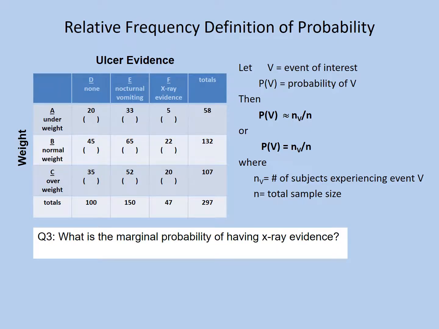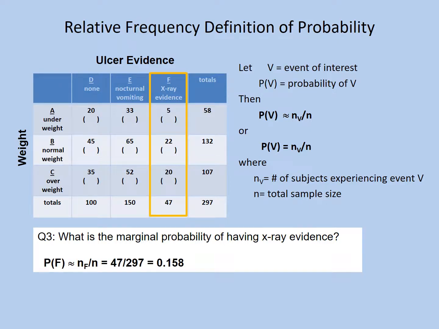As a third question, what is the marginal probability of having X-ray evidence? We are now talking about the event F having X-ray evidence, so the probability of having the event F is approximately equal to N sub F over N, which is equal to 47 divided by 297, which is equal to 0.158.